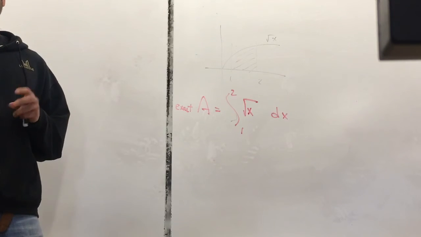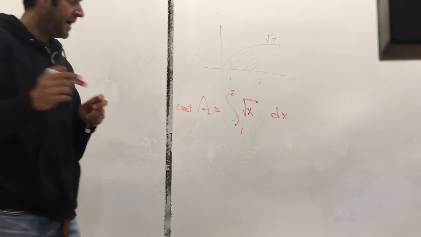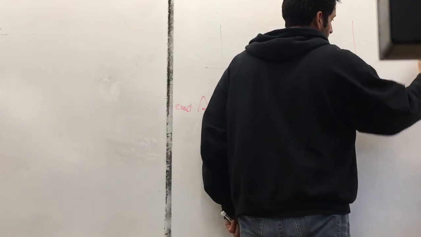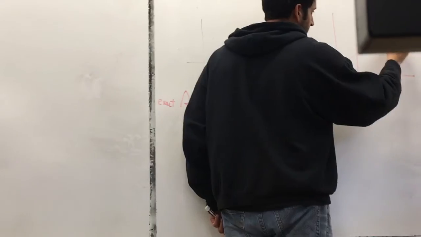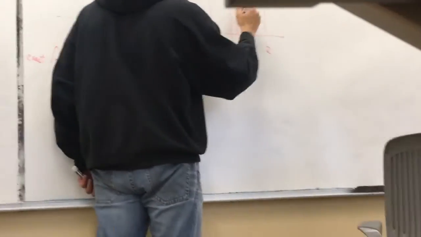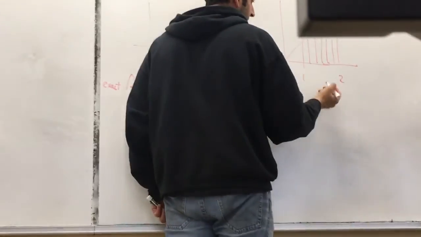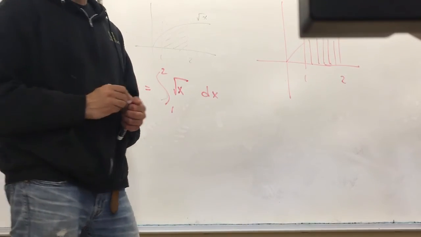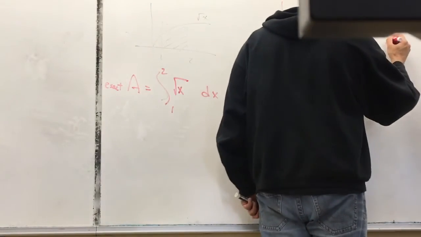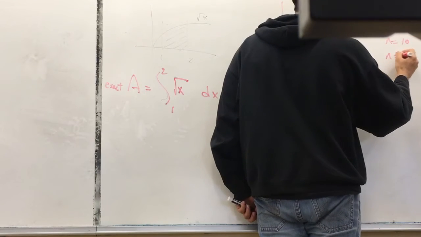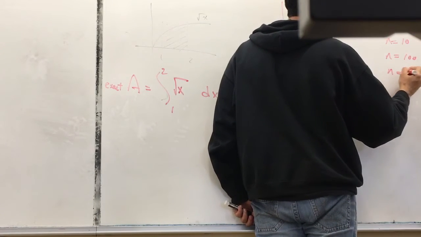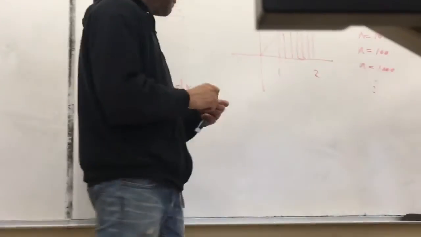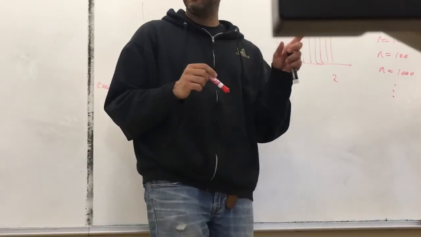But then you could also write a code that does this, root x from 1 to 2, and you divide it into n pieces. Now you could pick n equal to 10, n equal 100, n equal 1,000, and find the area associated with those.